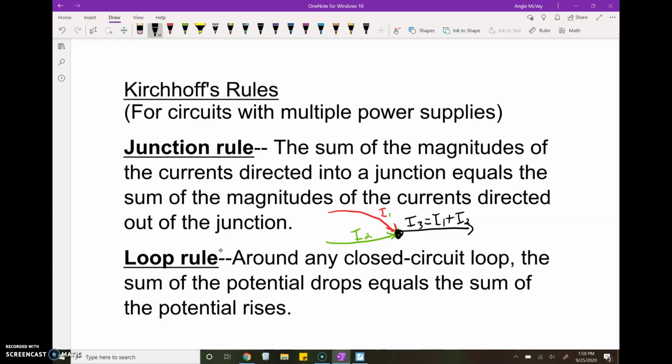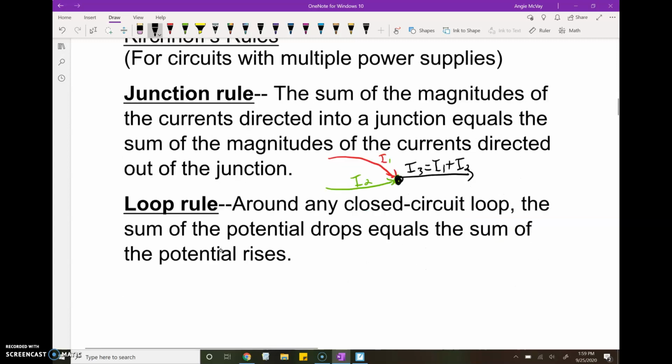They give electrons energy to flow within a circuit, and it's resistors like light bulbs, resistor devices, or appliances that provide potential drops or resistance. This is just an abbreviation of the law of conservation of energy, where all of the energy put into the system is equal to all of the energy used in the system. So all of the potential gains are equal to all of the potential drops.